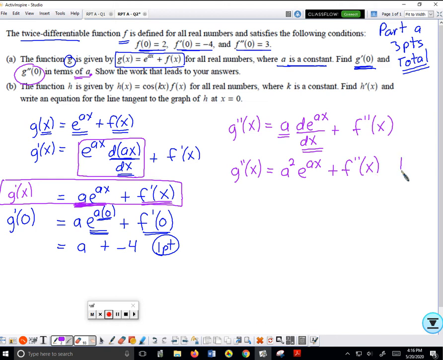And they gave a point if you got that far. Supposed to find g double prime of 0. So I write g double prime of 0 is going to equal a squared e to the, I didn't need parentheses there, but whatever.